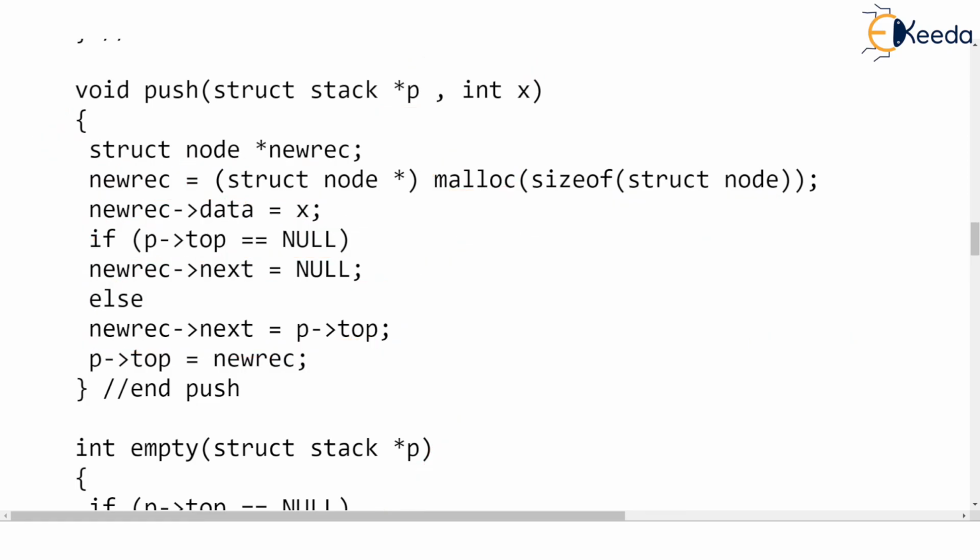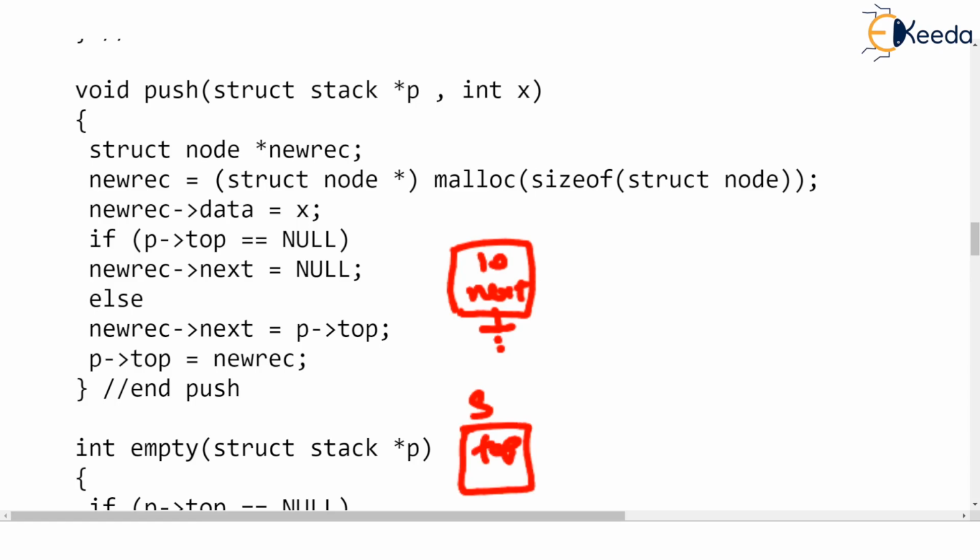Just tell me, what did we do exactly over here? Exactly, we had a node which stored 10. Its next was initially null. And we had S which had top. Top was not null, top was pointing to this node.